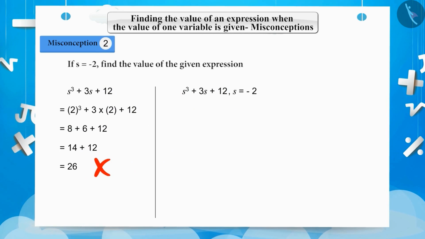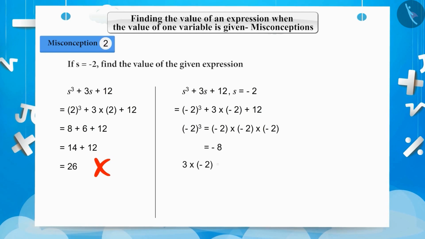By using s is equal to minus 2, we will get minus 2 cube plus 3 multiplied by minus 2 plus 12. Here, minus 2 cube is equal to minus 2 multiplied by minus 2 multiplied by minus 2, which will be minus 8.